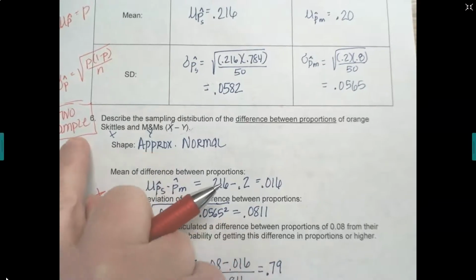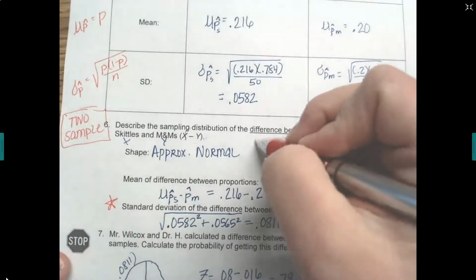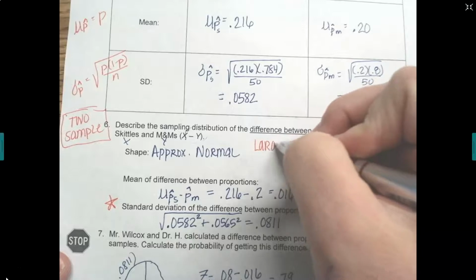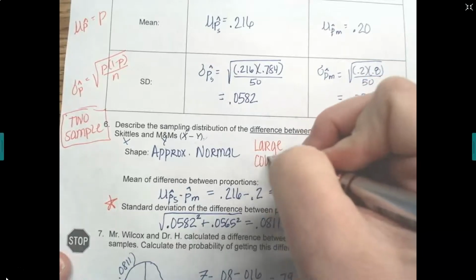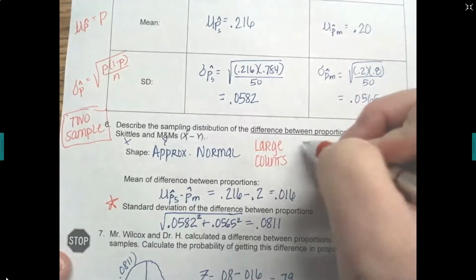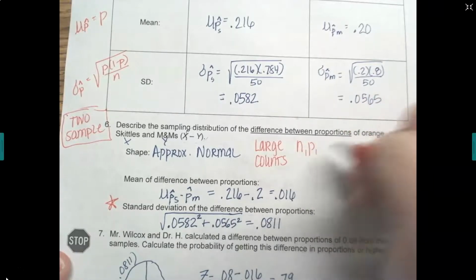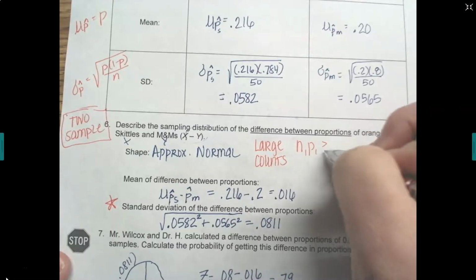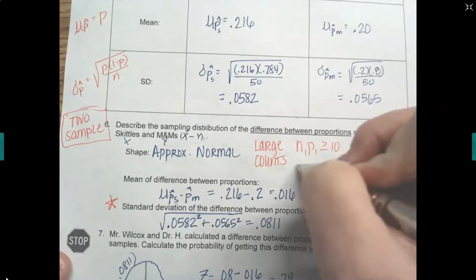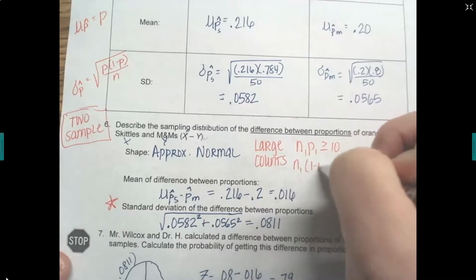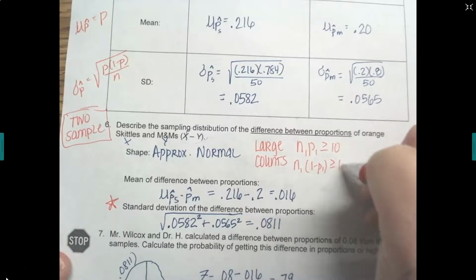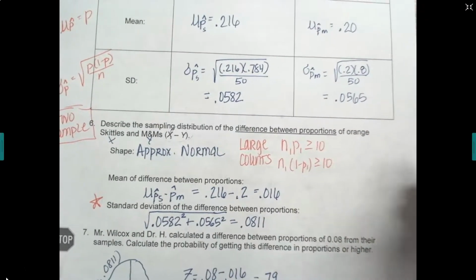So when we have two samples together, you have to check for your large counts. You have to check all four of the conditions. N times P for the first sample, and N times 1 minus P for the first sample have to both be greater than or equal to 10.